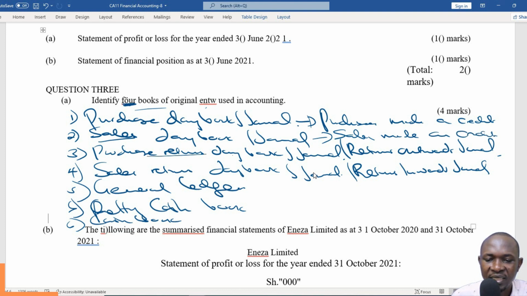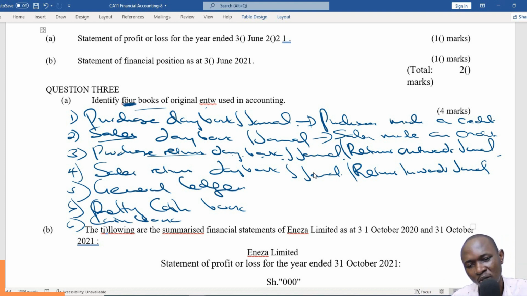And then purchase returns day book, that one records the purchases that you've made from the suppliers, then for one reason or the other, maybe they don't conform to the conditions or to your instructions, or the goods have been supplied in excess of what you requested.